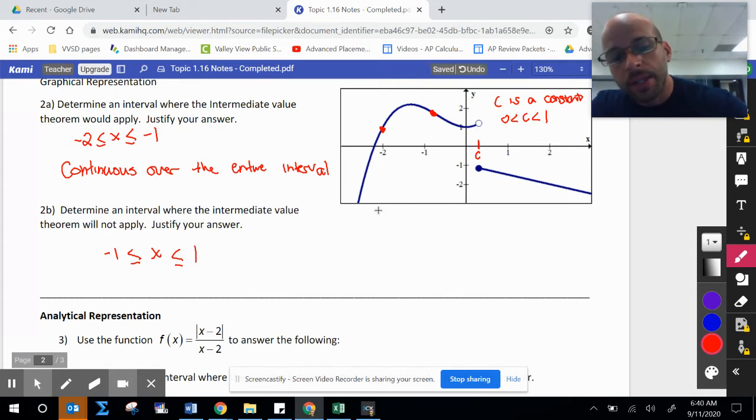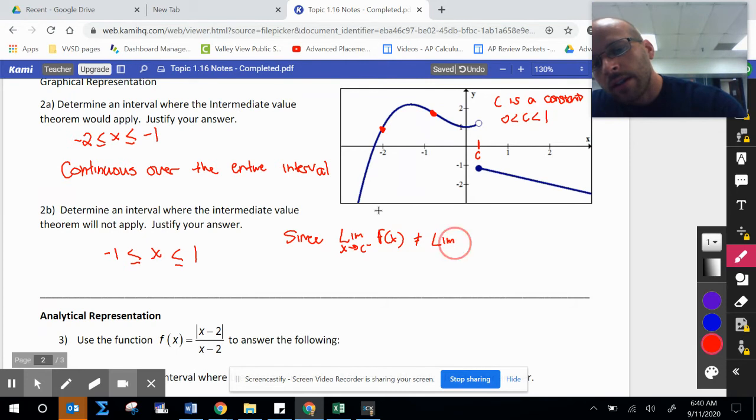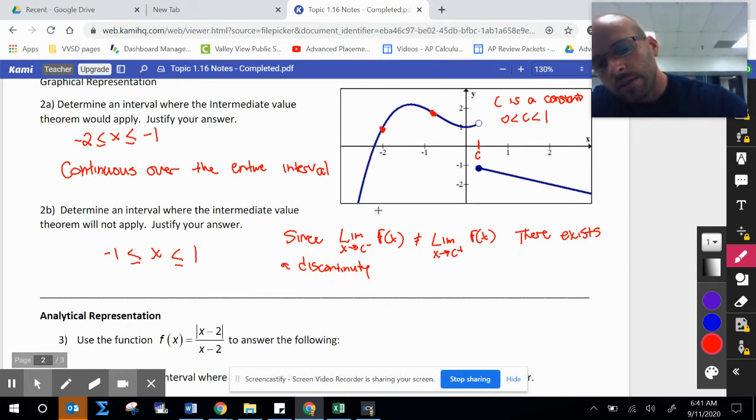And the reason being is that since the limit as x approaches c from the left of f of x does not equal the limit as x approaches c from the right of f of x, there exists a discontinuity at x equals c.